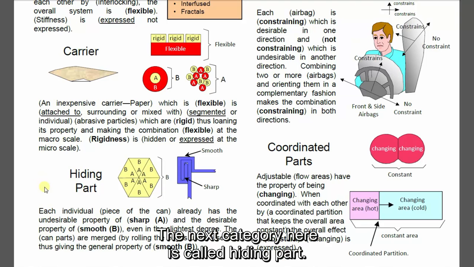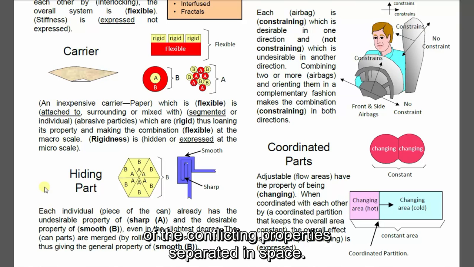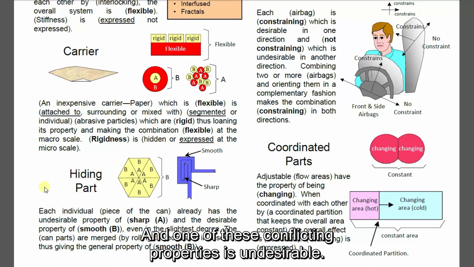The next category here is called hiding part. This is when we have multiple elements and each element already has both of the conflicting properties separated in space. And one of these conflicting properties is undesirable.